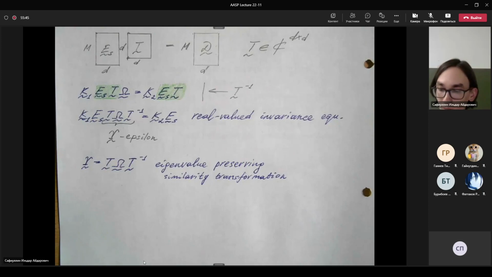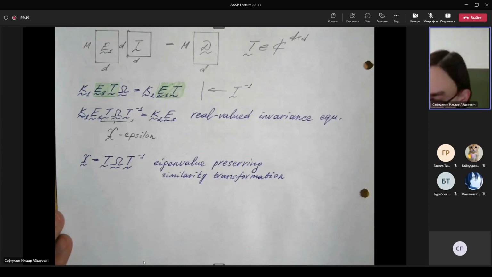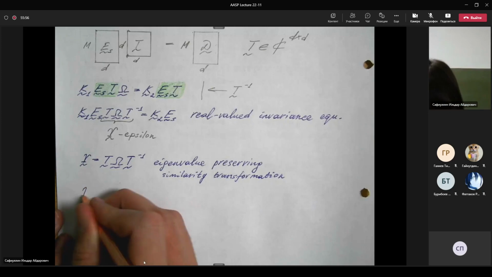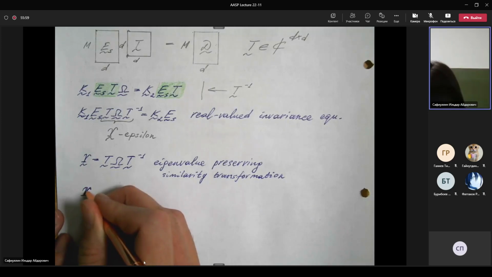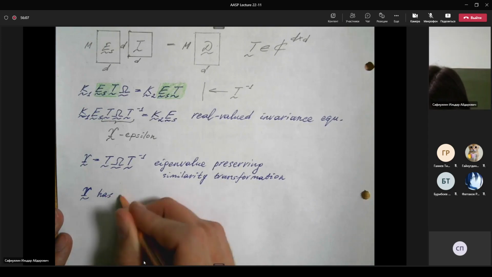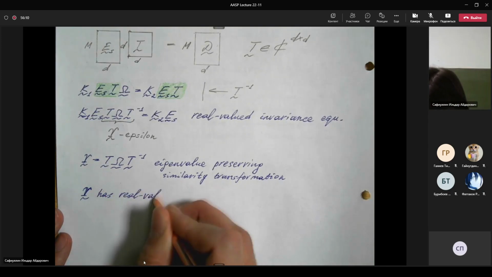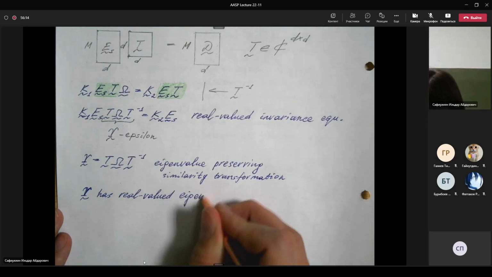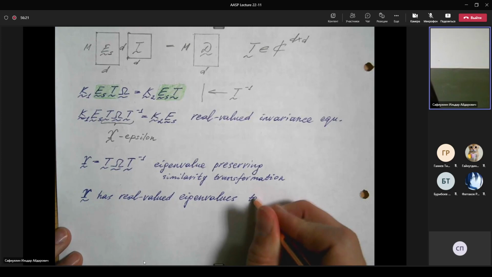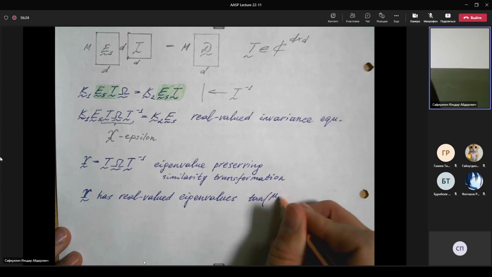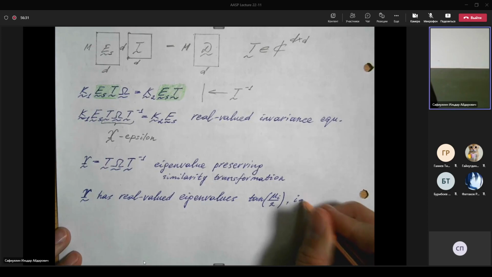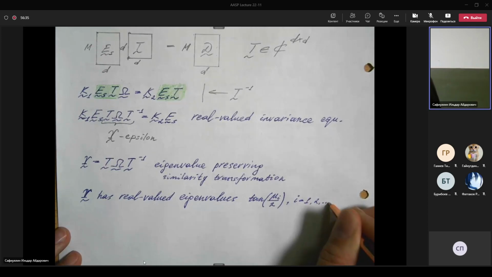And one more thing here for matrix epsilon: this matrix epsilon has real valued eigenvalues, which are equal to the tangent of mu sub i over 2, where i is equal to 1, 2, up to small d.